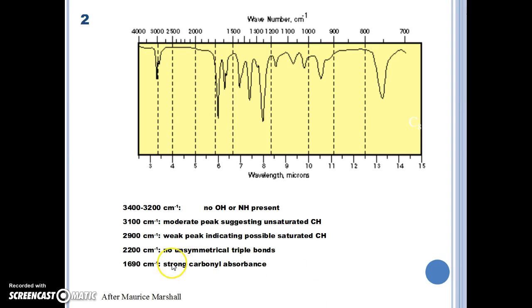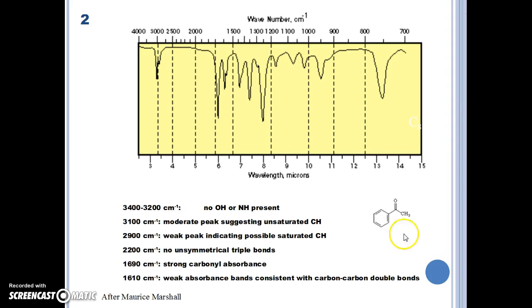A strong carbonyl absorbance at 1690. And at 1610, weak absorbance bands consistent with a carbon-carbon double bond. And so it looks like we might have this. And if we had the molecular structure, we might easily get the other structure, acetophenone.